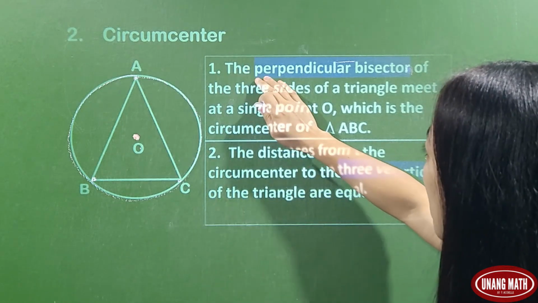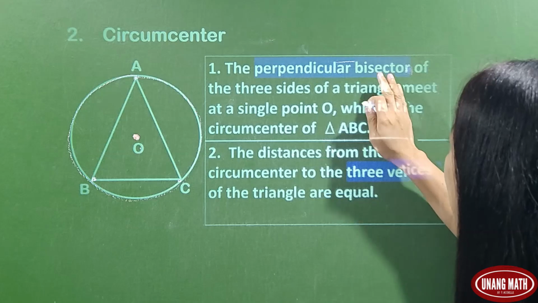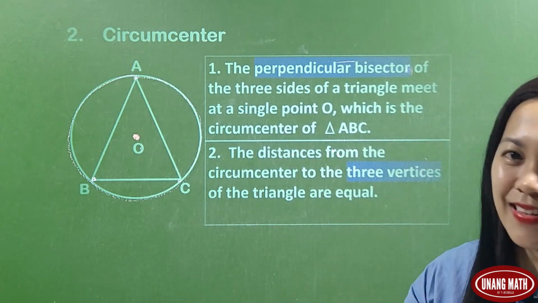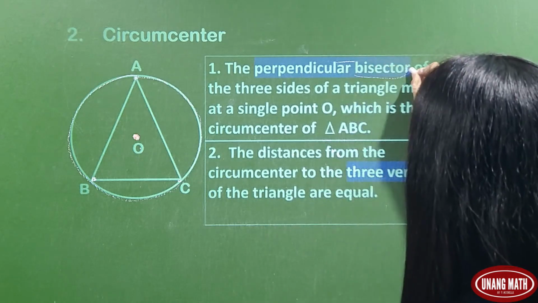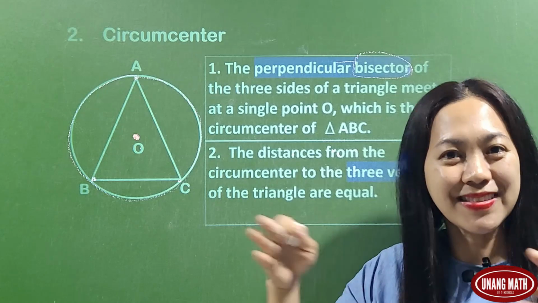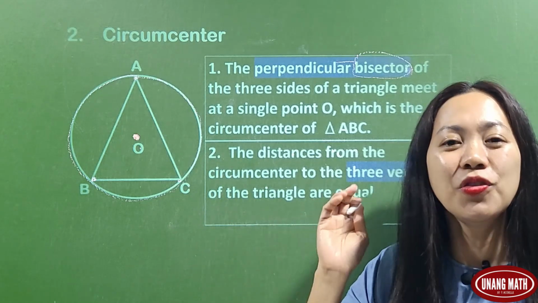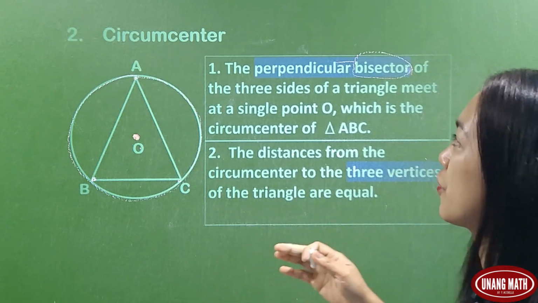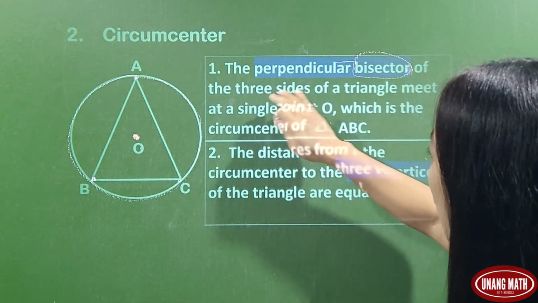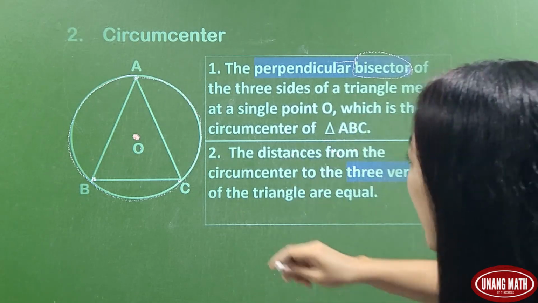The circumcenter is where the perpendicular bisectors of the three sides of a triangle meet. From the word bisector, it means it divides a side or a figure into equal parts.